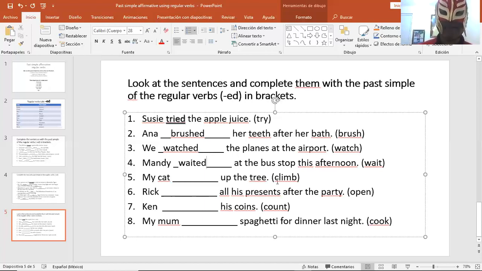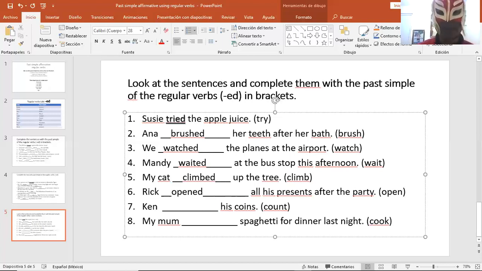Number 5, climb. Climb is a regular verb. So in past simple is climbed. My cat climbed up the tree. Number 6, open. The past simple of open is opened. Rick opened all his presents after the party.